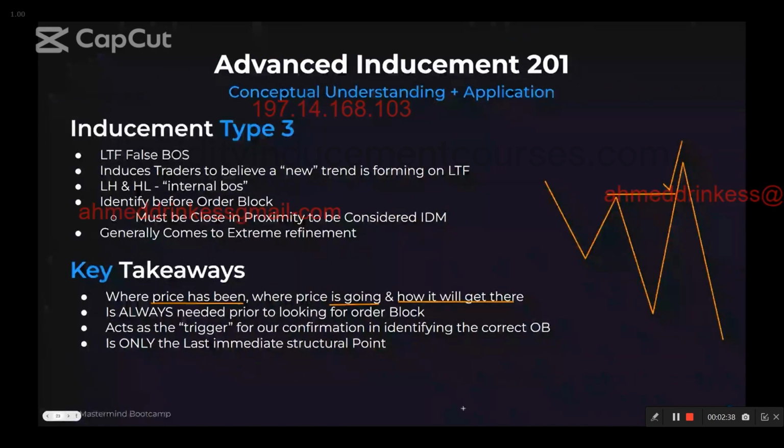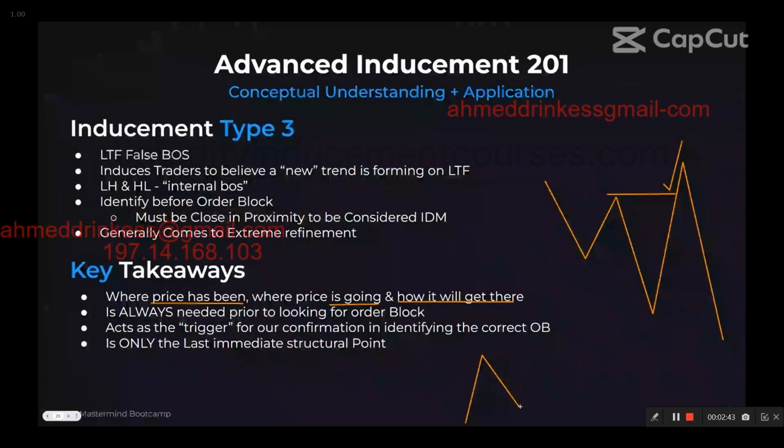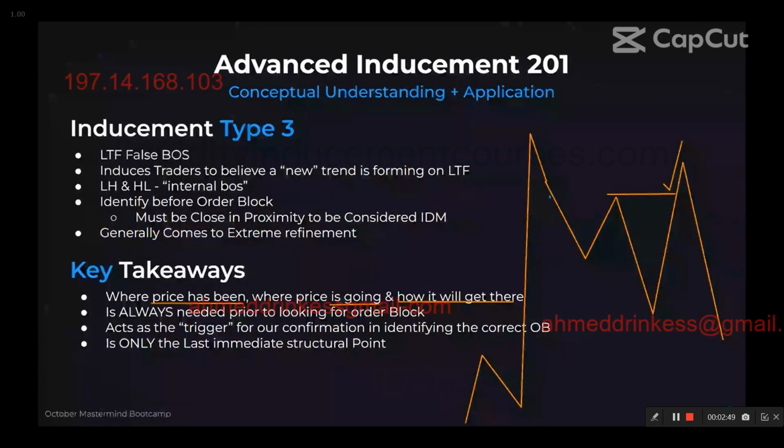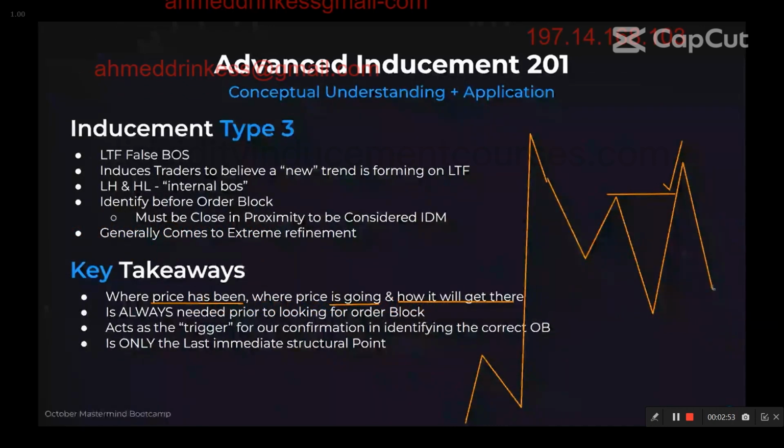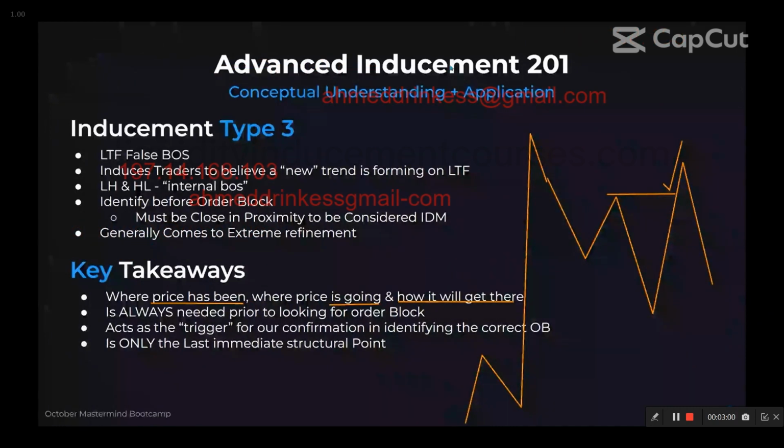Where price is going, let's say you are looking at this. I'll just say I gotta shift this example a little bit. Based off of this scenario right here, where is price going at this moment in time? If this is where price has already been, where's the immediate place that it's going?